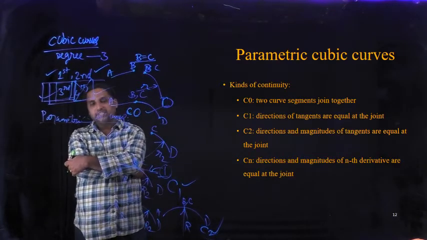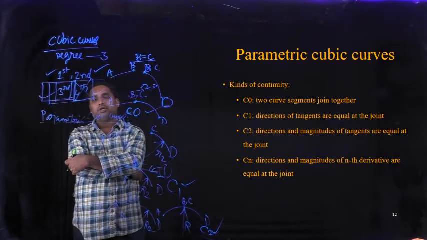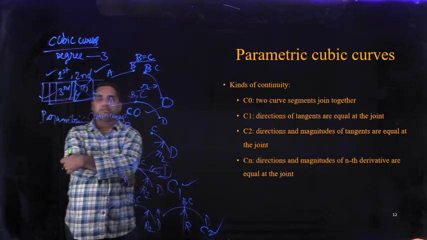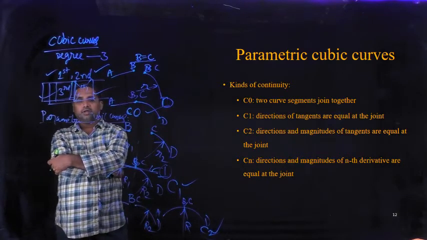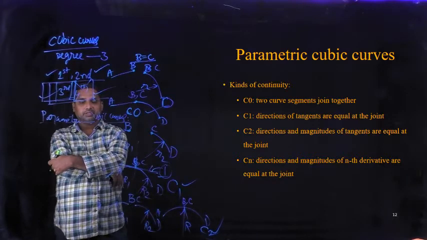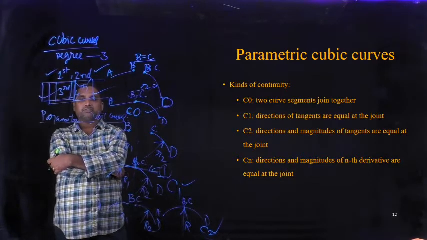curve pieces. Okay, right. So the obtained curve is called a piecewise curve. What is meant by piecewise curve? Here the joining of different curve segments happened. Then the obtained curve is called a piecewise curve.